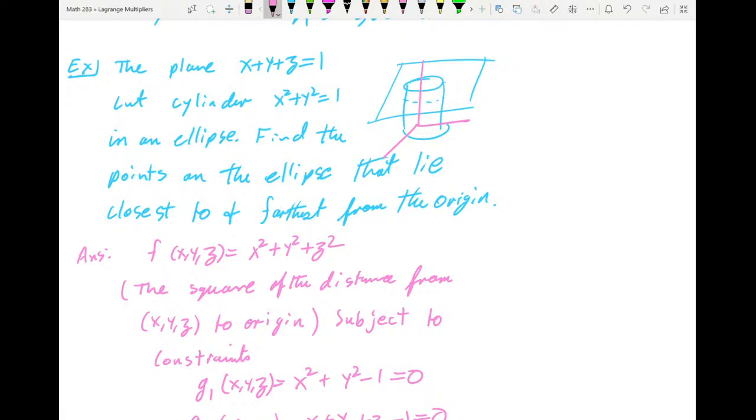I can only do two variables. I can't graph in 4D, so that would be 4D. If you set x squared plus y squared plus z squared equal to 1.